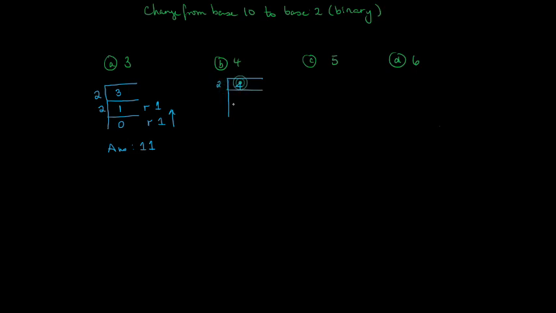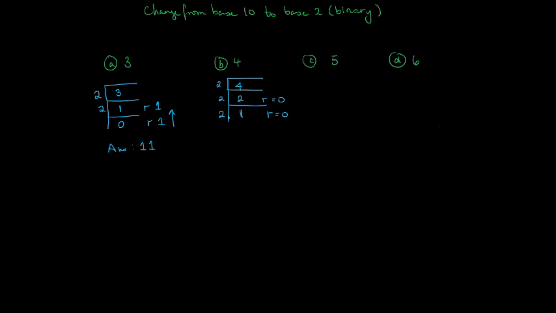We see here that 2 can go into 4 twice with a remainder of 0, because 2 times 2 is 4 and 4 minus 4 is equal to 0. So we have a remainder of 0. And then we see that 2 can go into 2 once, and we have a remainder of 0, because 2 times 1 is 2, and 2 minus 2 is 0.